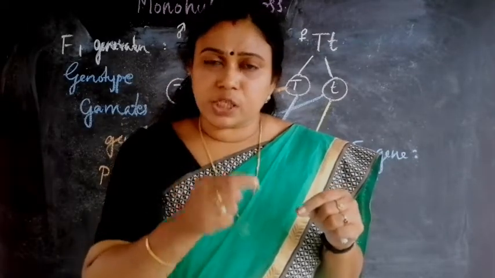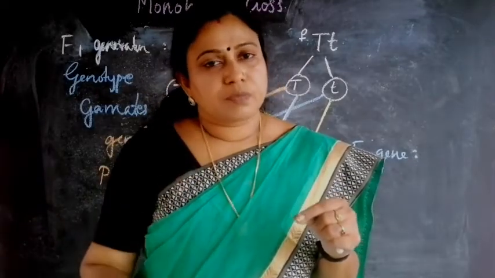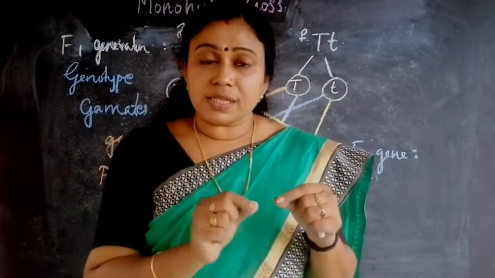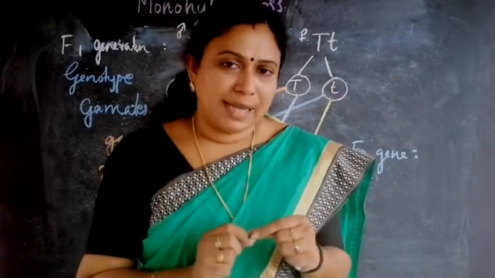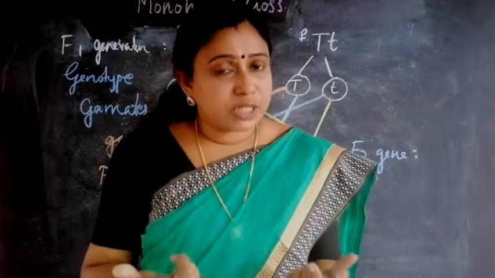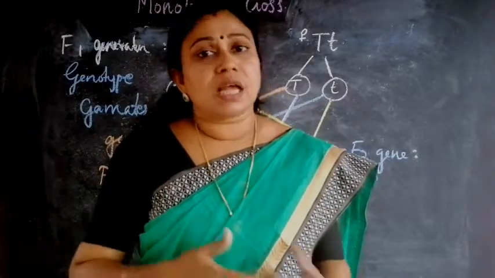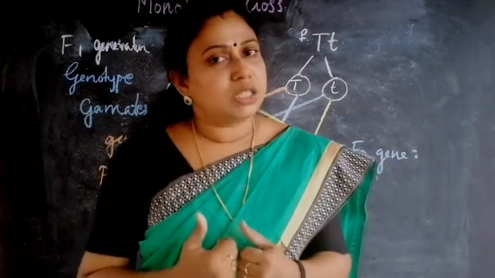And when this F1 generation is allowed to self-pollinate, it is shown in the F2 generation. When F2 generations are produced, we got tall plants and dwarf plants like that of the parental generation.